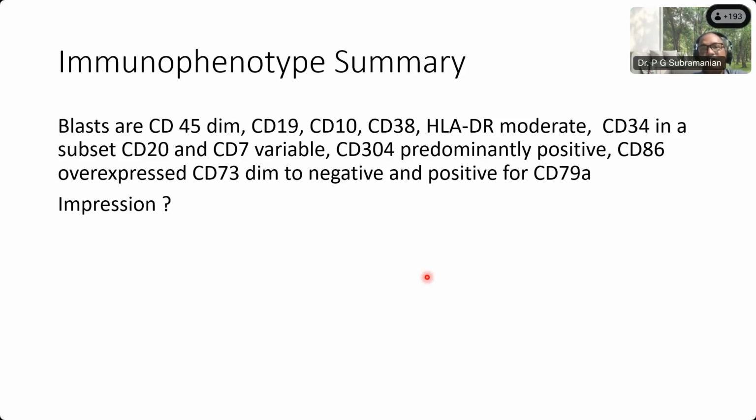Whereas in IHC, PAX5 is positive from precursor B cell to pre-plasma cell stage. In plasma cell, PAX5 is reduced and you get MUM1 there. So PAX5 and MUM1 cover the B cell spectrum in IHC, whereas CD19 covers the B cell spectrum in flow.